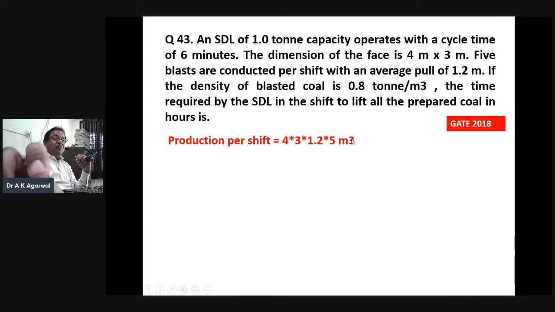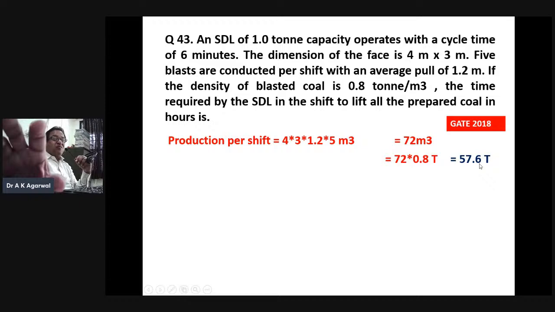This much meter cube is equal to 72 meter cube. So 72 meter cube of coal is being produced in each shift. Now if you want to convert to ton, because density of blasted coal is 0.8 ton per meter cube, the meter cube cancels, so it becomes 57.6 tons.